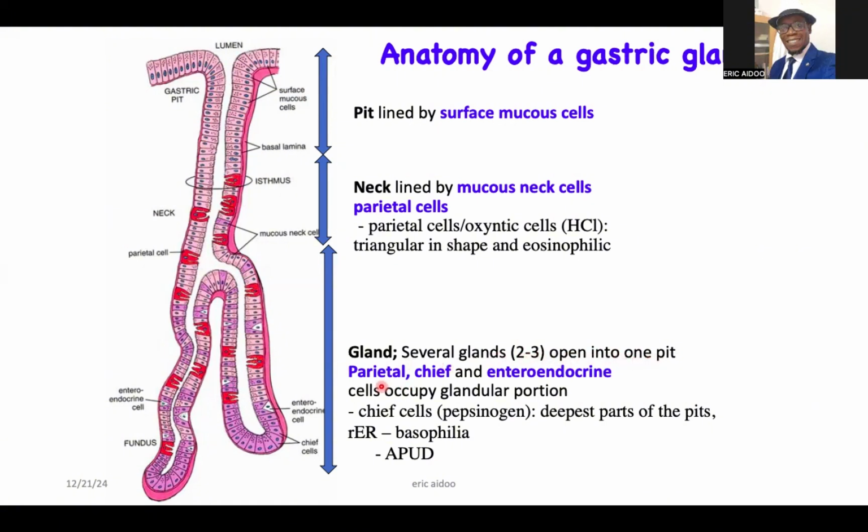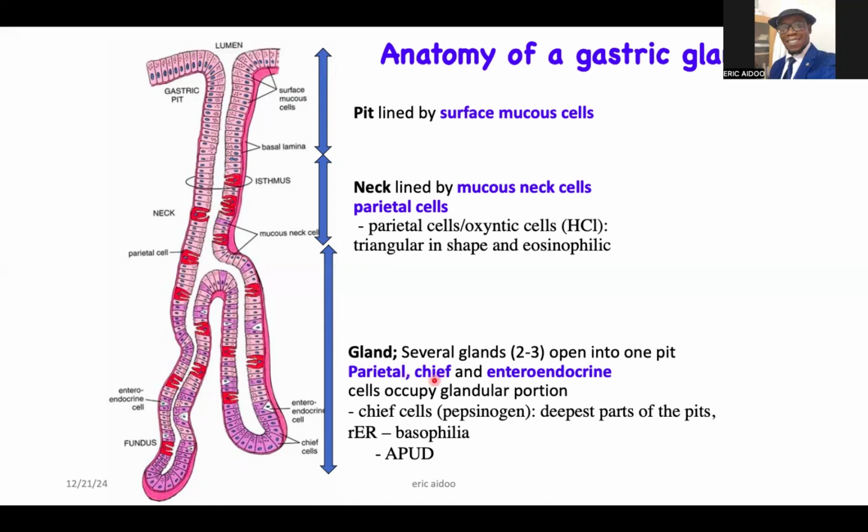You have parietal cells also there, and then you have chief cells. So the chief cells occupy the deeper portion of the pit or the gland. Okay, so just like the chiefs in our communities, they have their own palace, and usually it is quite secluded from the rest of the town folks, the buildings of the town folks.